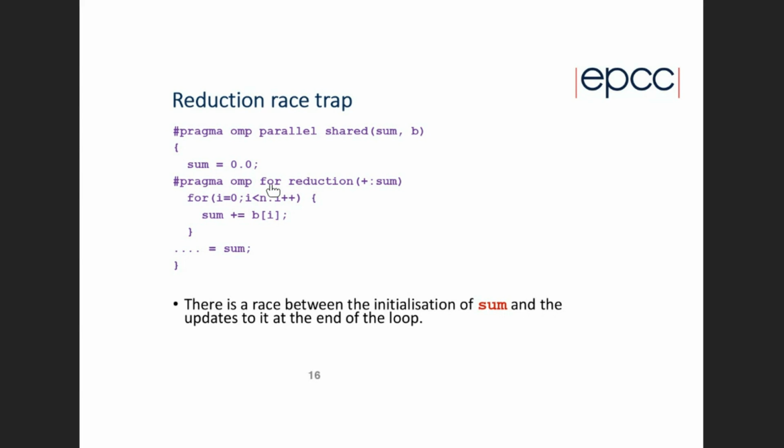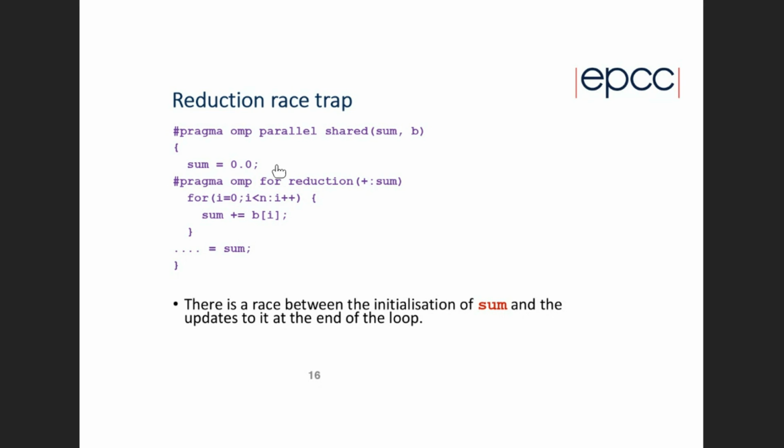So there's actually a subtle race condition here. What can happen is that the addition of the partial sum from one of the threads back into the original value might happen before another thread set the original value to 0. So it's possible to lose some of the partial values here. Nasty.